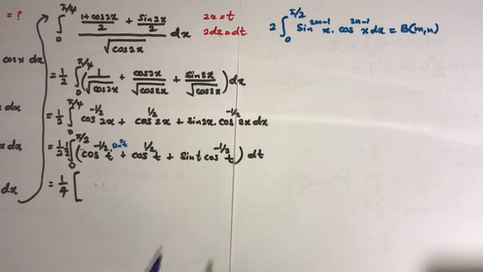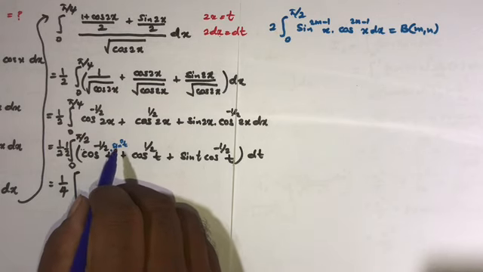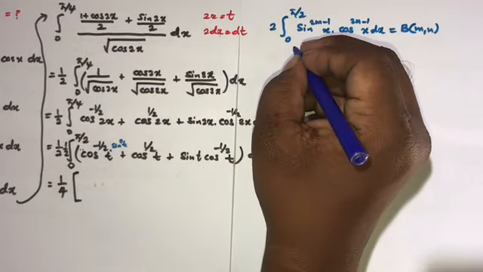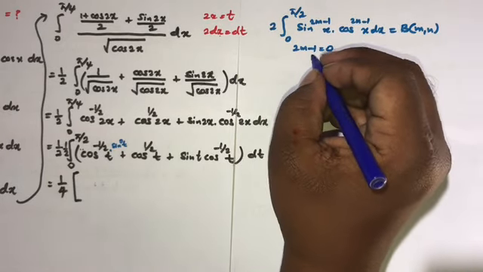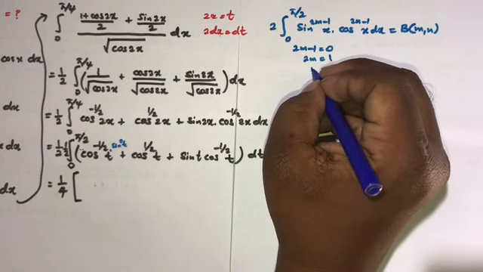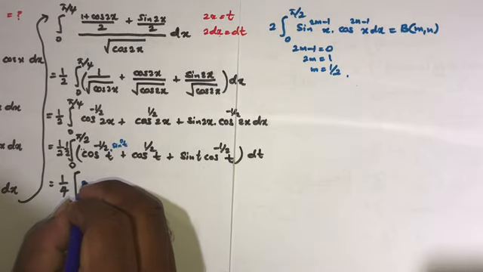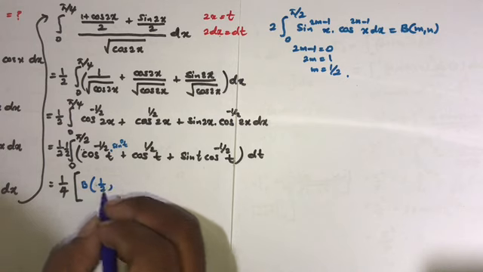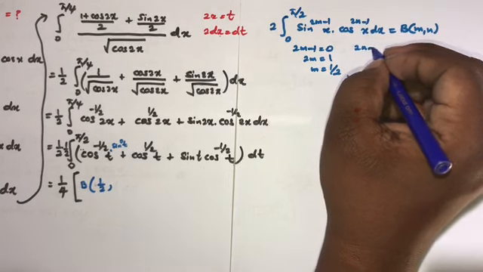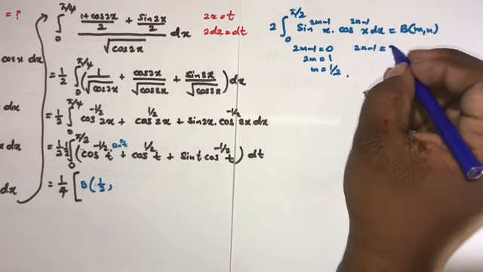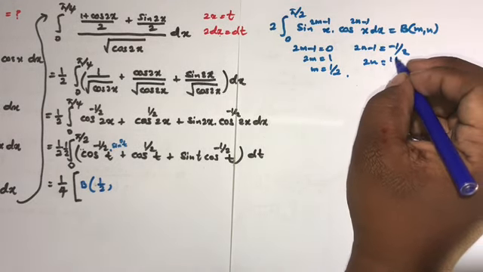So now we should find m and n. Here sine power 0, so 2m minus 1 is equal to 0, so 2m is equal to 1, m is equal to 1 half. So we know here beta of 1 half comma, and here cosine to the minus 1 half, so 2n minus 1 is equal to minus 1 half. So 2n is equal to 1 minus 1 half, we know 1 half.